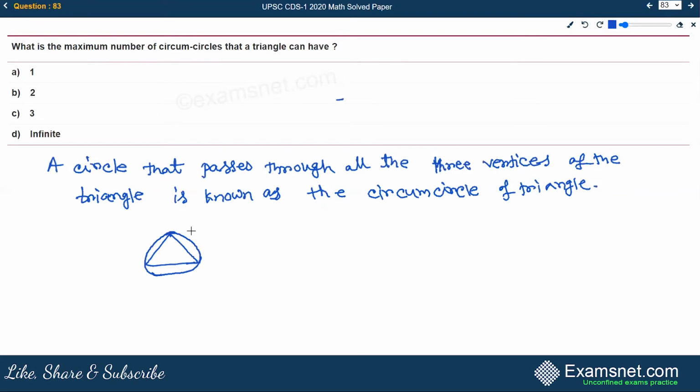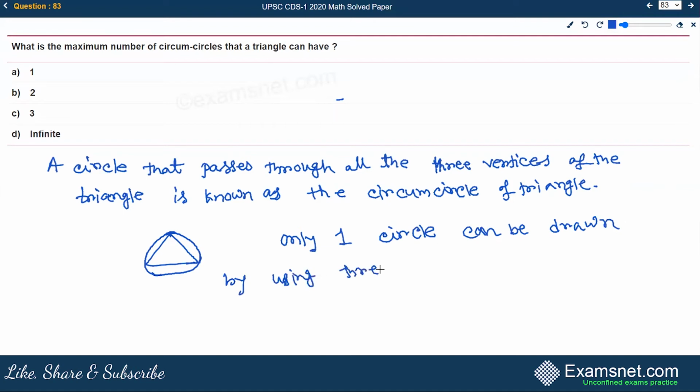As we can see, only one circle can be drawn by using 3 points. So hence only one circle is possible for a triangle. So here option A is the correct answer.